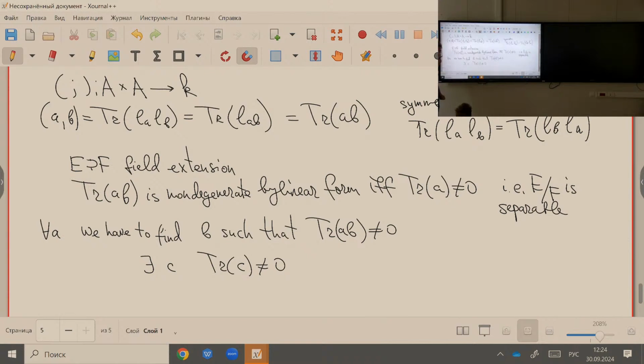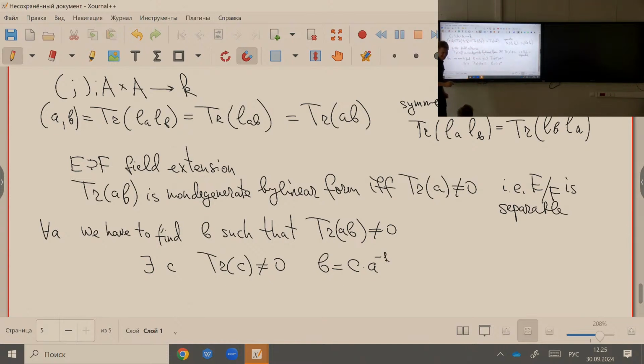So we have to make out of C an element of the form AB. What should we do? B should be equal to C times A inverse.